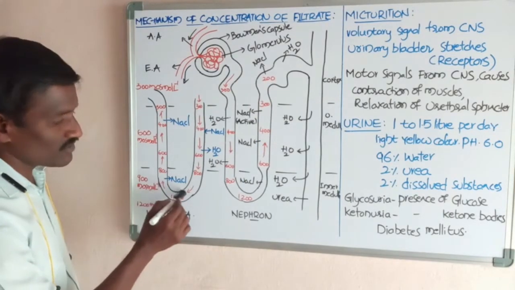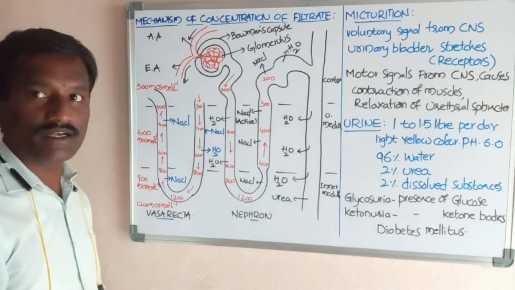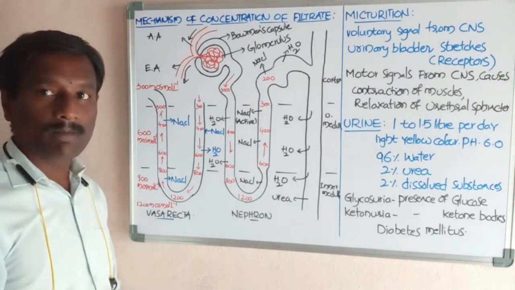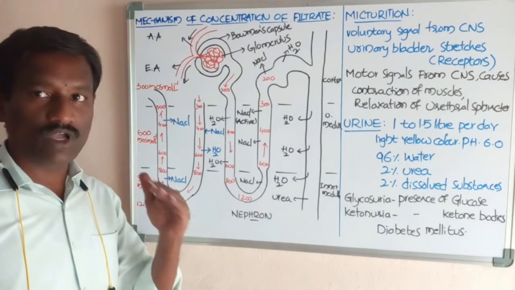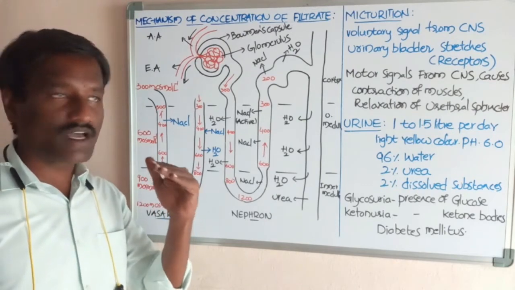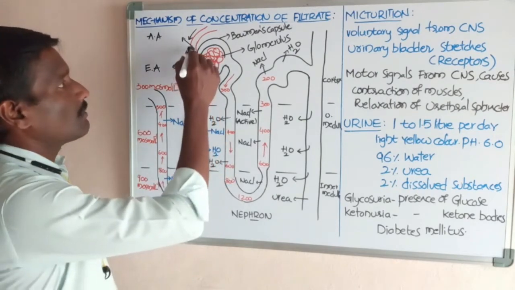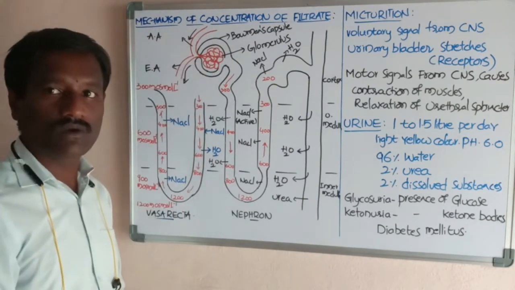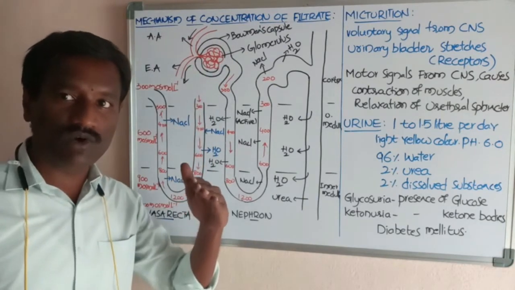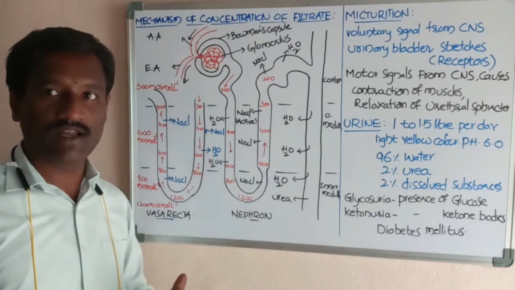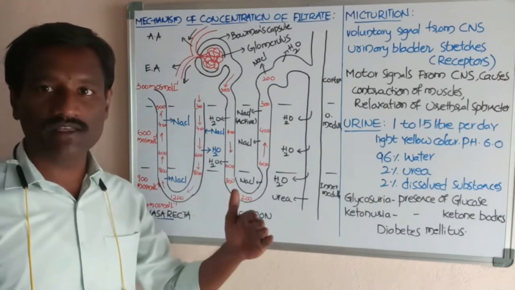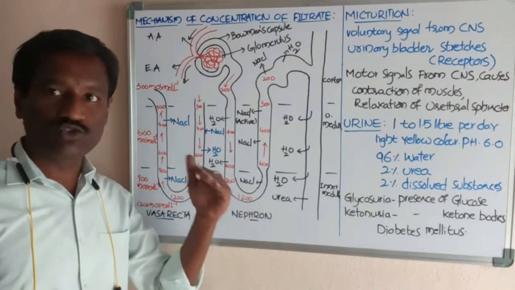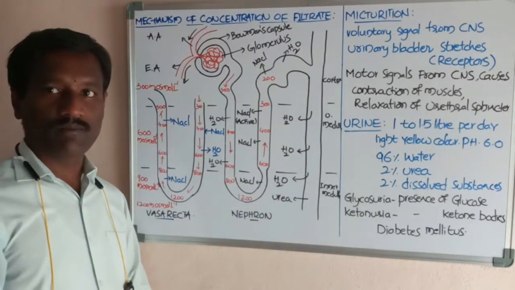And if you observe the vasa recta, you already know about the vasa recta. Vasa recta means the efferent renal arteriole that forms the network of blood capillaries. These are called peritubular capillaries.